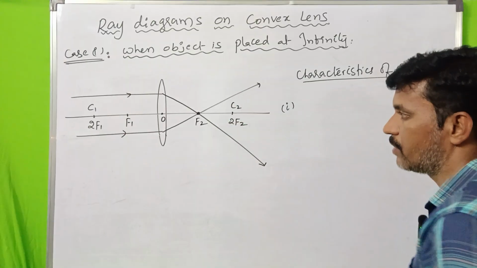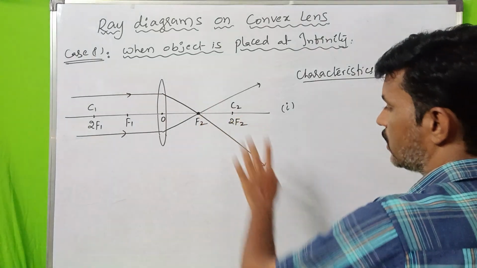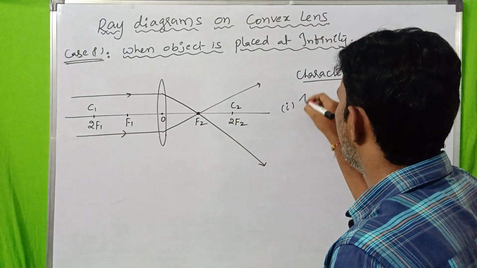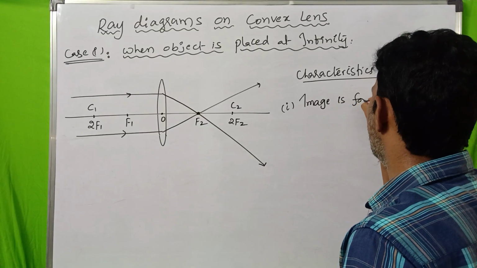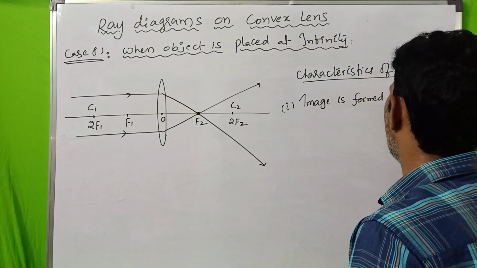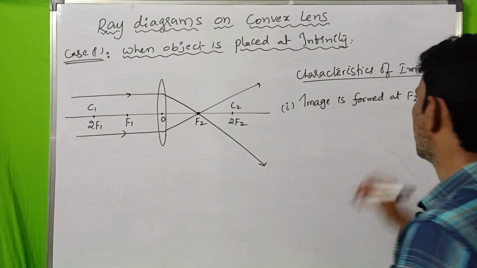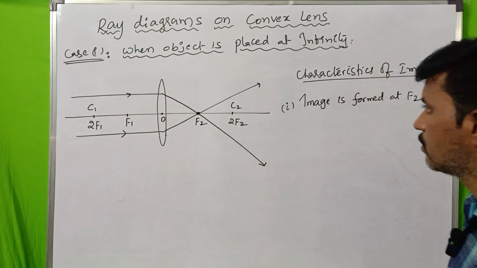Where is it formed? It is formed at f2. So the image is formed at f2.